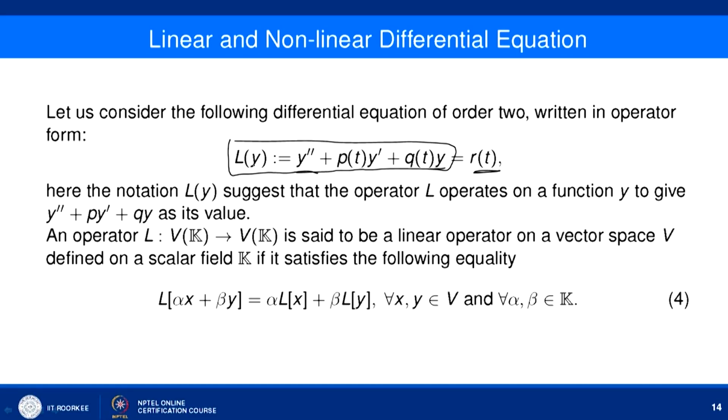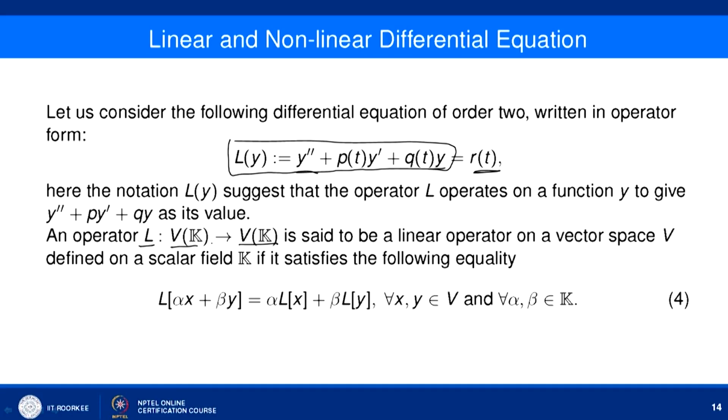It is an operator defined on the set of all functions where this y is coming, and it gives you another function of t. So, we can consider that L is an operator from Vk to Vk, where V is a vector space defined on the scalar field K.